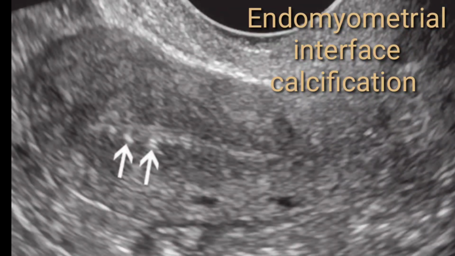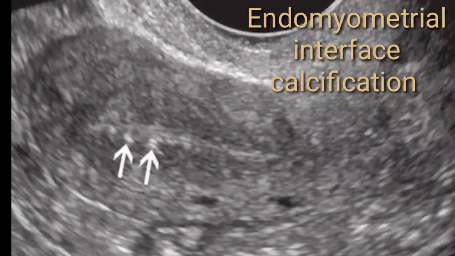Many a time if the patient undergoes certain instrumentation for any reason, the endometrial interface may get calcified, and this tiny calcification will appear on the images. Therefore when you are writing your report, mention that tiny calcific foci can be seen in the myometrial-endometrial junction or interface. The rest of the scan is fine, there is no problem.